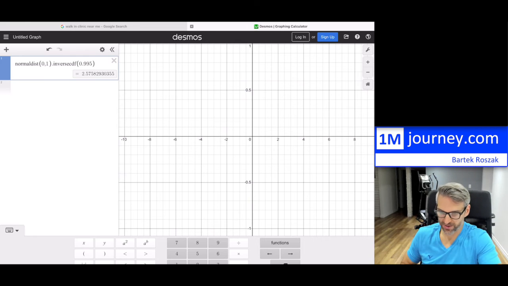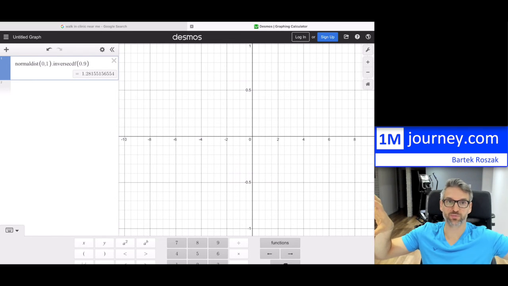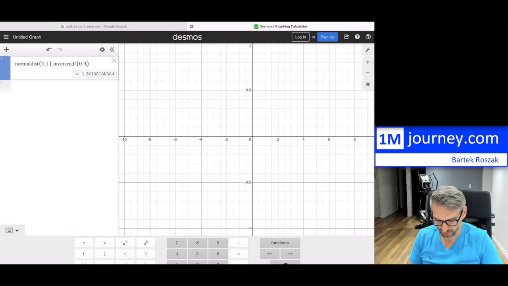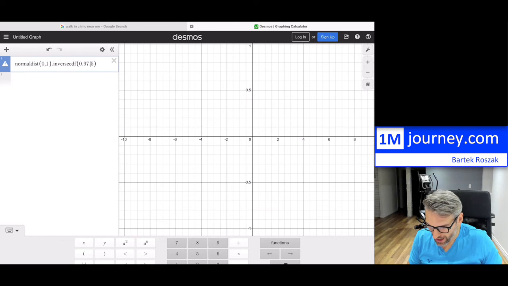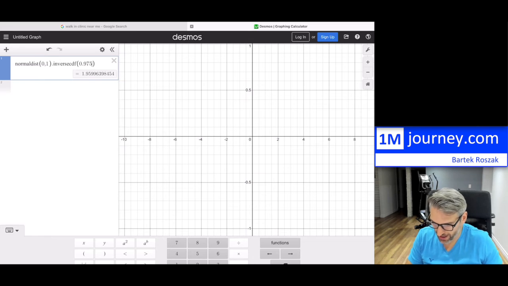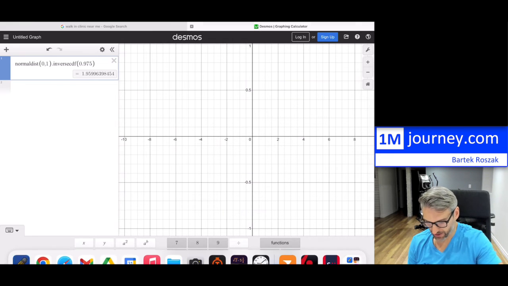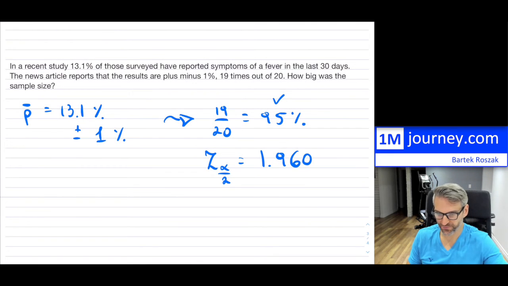For a 95% confidence level, my threshold is 2.5% on the left and 2.5% on the right. So this would have been 97.5. Notice that's 1.96, as I pointed out. So that's my Z-score.